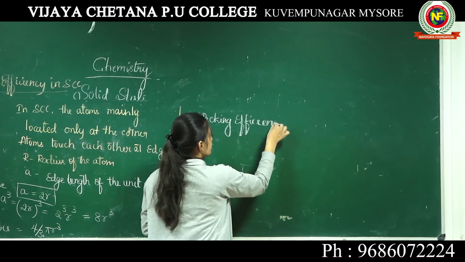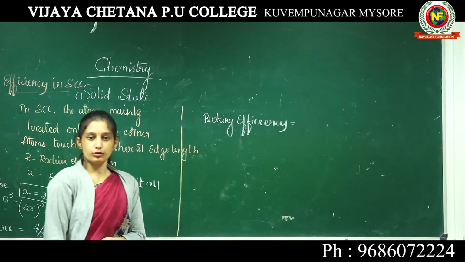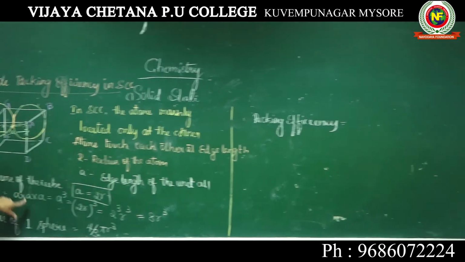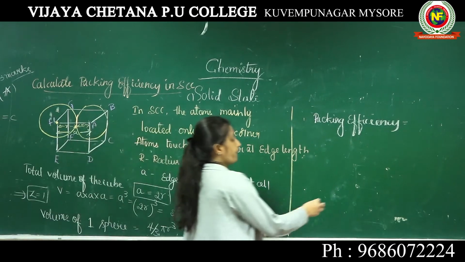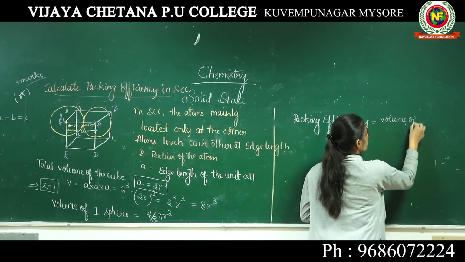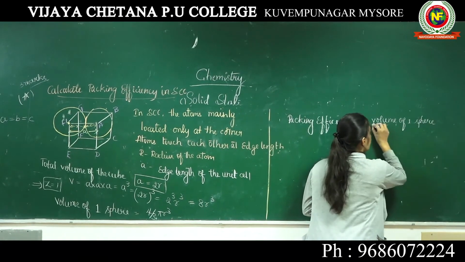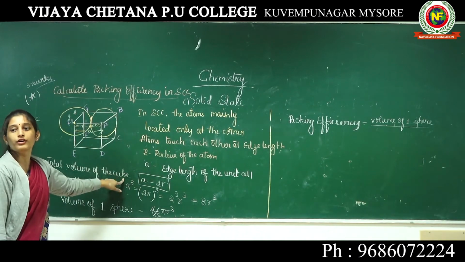Packing efficiency is equal to, see, volume of one sphere divided by total volume of the cube, total volume of the unit cell.